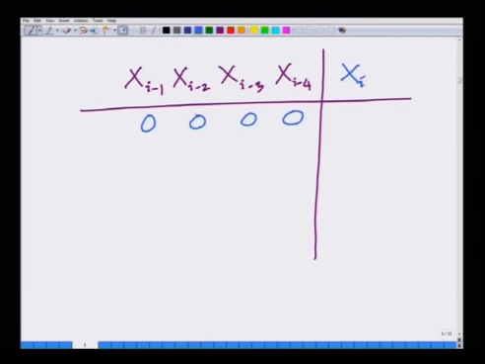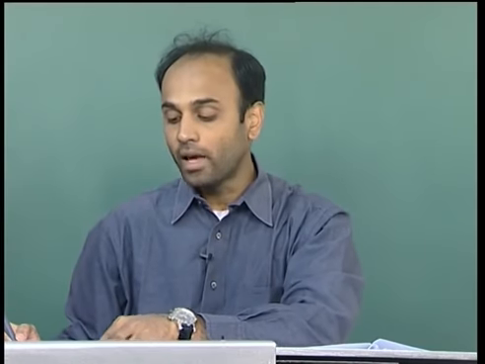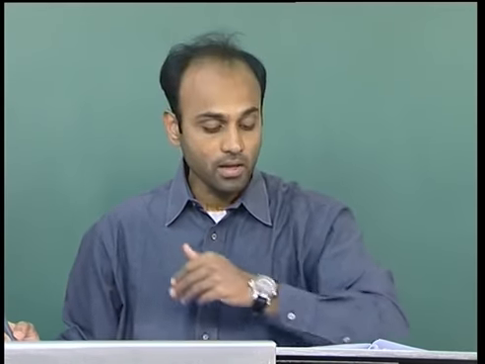Now xi is xi minus 3 XOR xi minus 4, which is 0 XOR 0, which is 0. Now in the next cycle, xi will become xi minus 1, which will become 0, xi minus 1 will become xi minus 2, which is 0, again xi is 0, and this will go into again the 0 state. Hence, if you start in the all 0 state, the LFSR continues to be in the all 0 state.